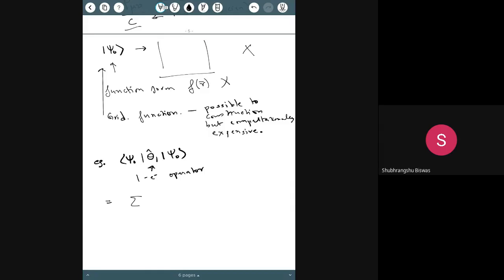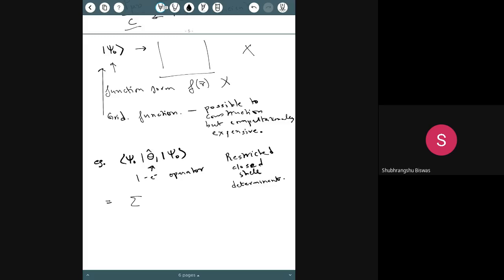if it is a 1 electron operator and psi naught is a determinant with spatial orbitals multiplied with spin orbitals, so here we are again talking about a restricted closed shell determinant, which means the number of alpha and number of beta are the same.